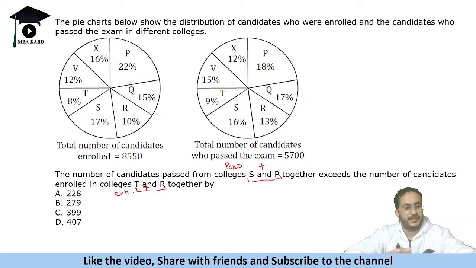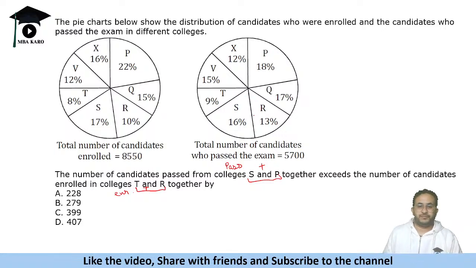When you see the DI section and if you see pie charts, it is all about taking ratios and you can do it quite fast. So S and P together, okay, we need to find passed.